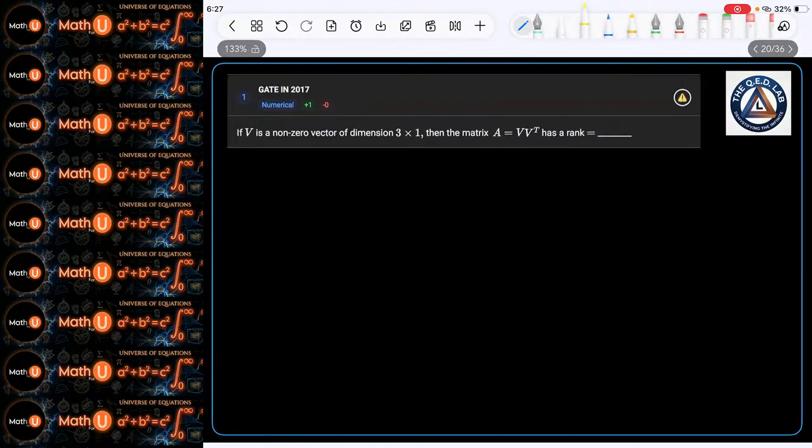Okay, next we discuss this question. If V is a non-zero vector of dimension 3 by 1, then matrix A is equal to V into V transpose. Try to solve this one. They are asking to find the rank of this matrix.